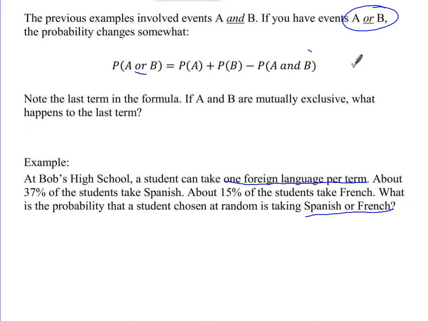So now I just got to figure out the probability of a student taking event A, which we can call Spanish. What's the probability of a student taking Spanish? 37%.